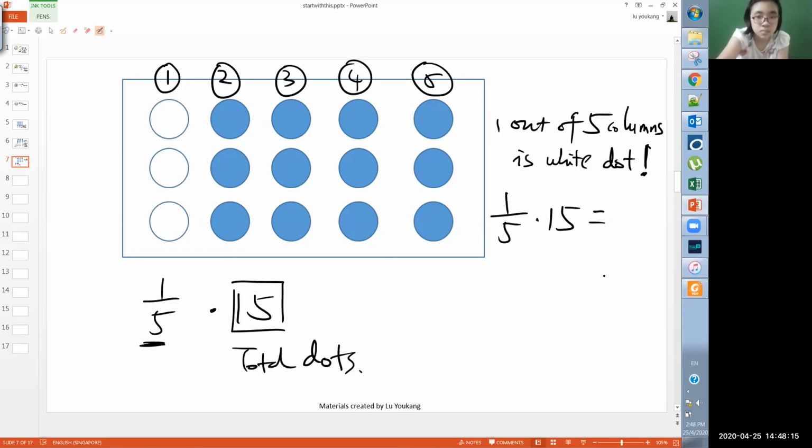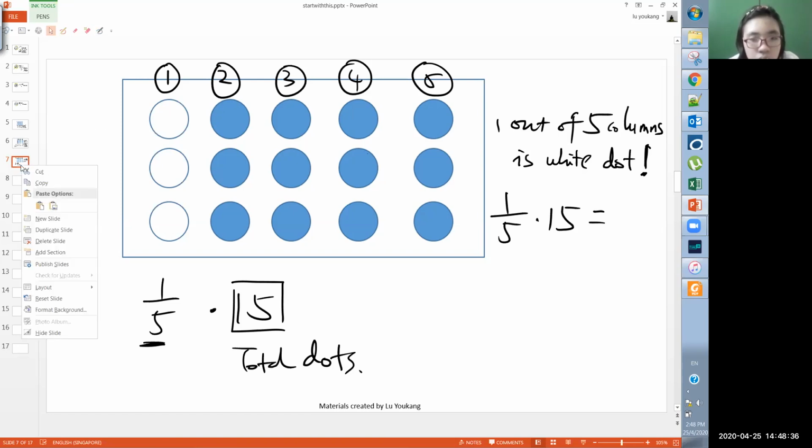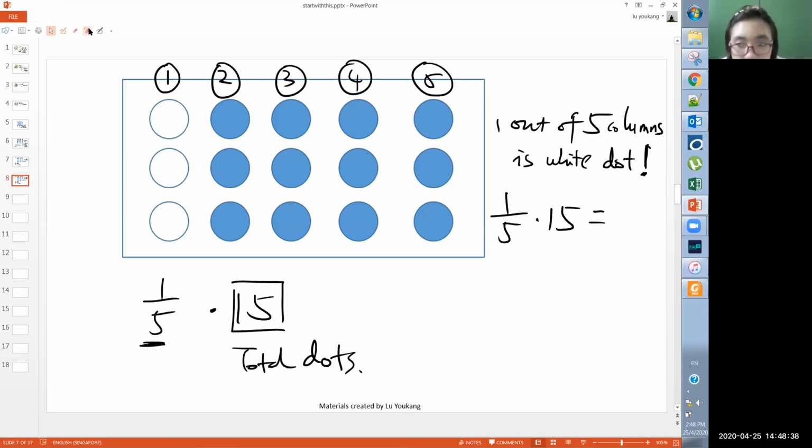Okay? So in this case, how many columns are blue dots? Can you count for me how many columns are blue dots?